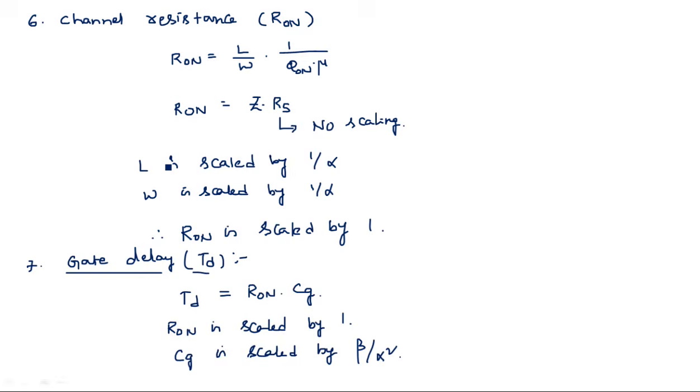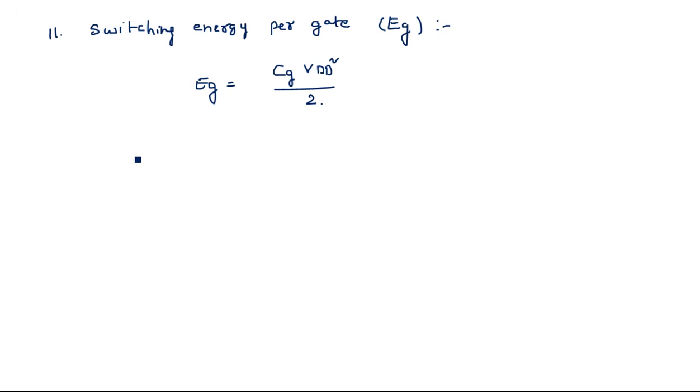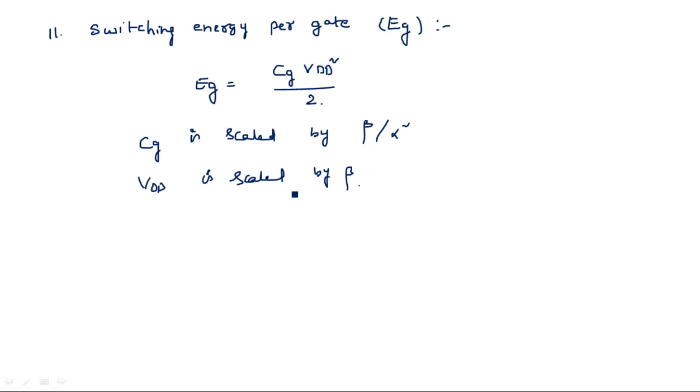We have taken previously, CG is scaled by beta by alpha square, and VDD, as it is a voltage, is scaled by 1 by beta.